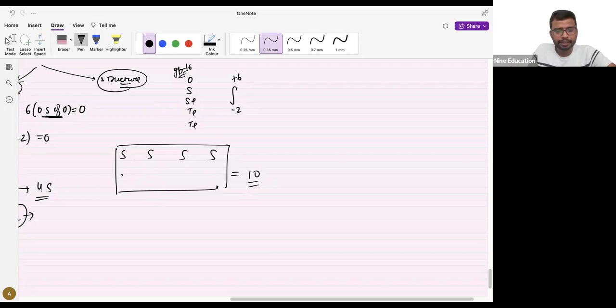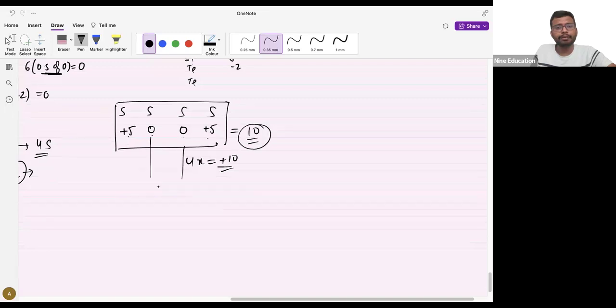I can have here plus 5, 0, 0, plus 5. See? If I do the total of plus 5, 0, 0, plus 5, the oxidation state total will be 10. 4x will be 10 total.